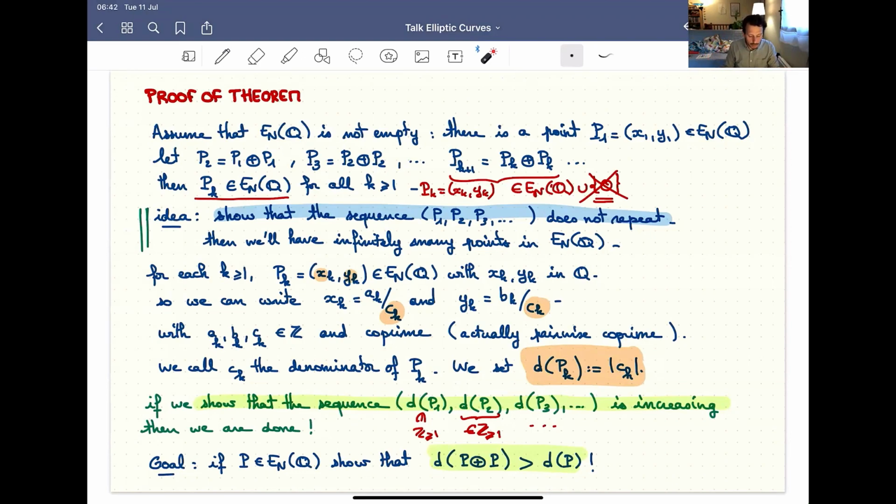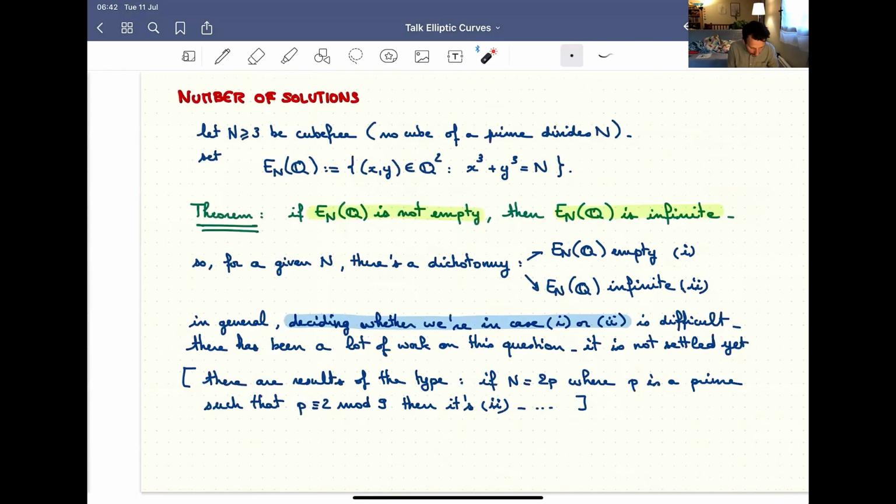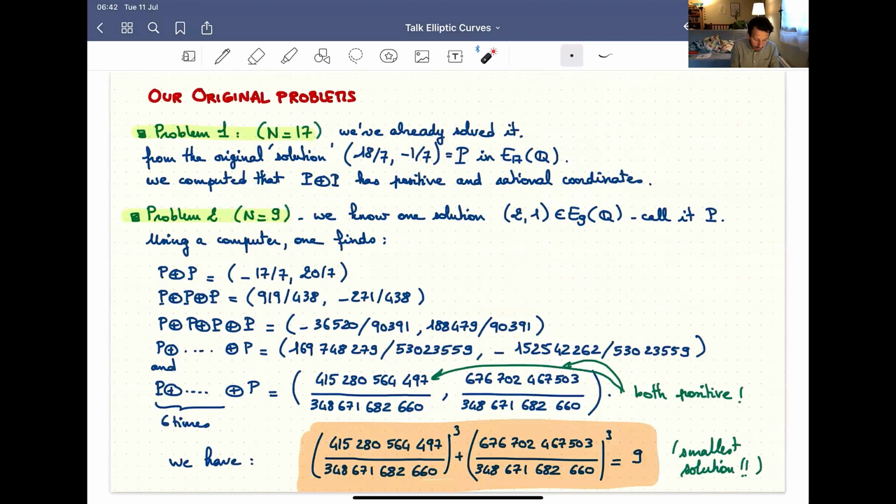And this is something which maybe you can believe, because in a slide earlier, I computed multiples of a point. This was the case where n was 9. We started from a point p, which had denominator 1, and then we computed p plus p.